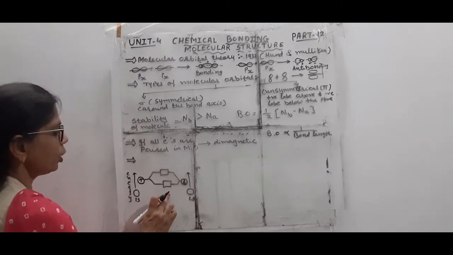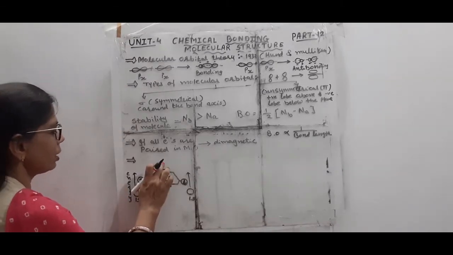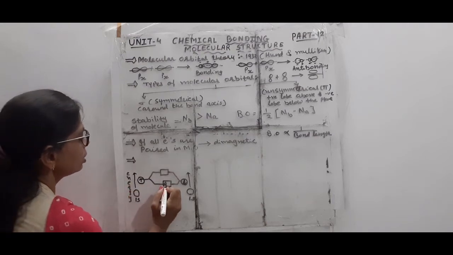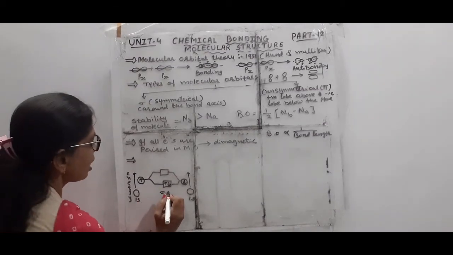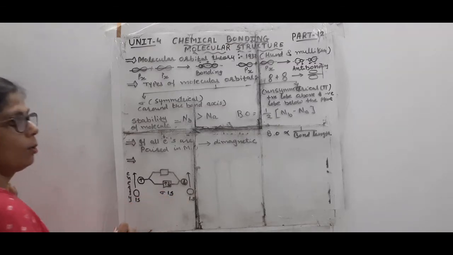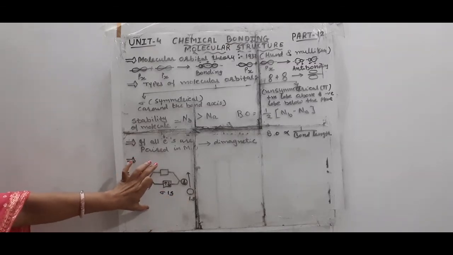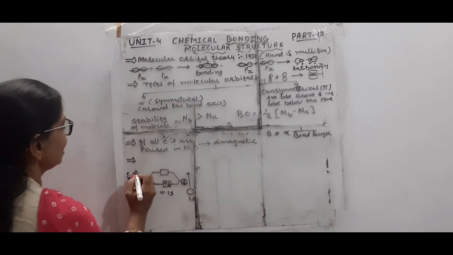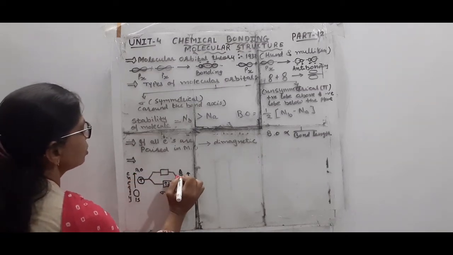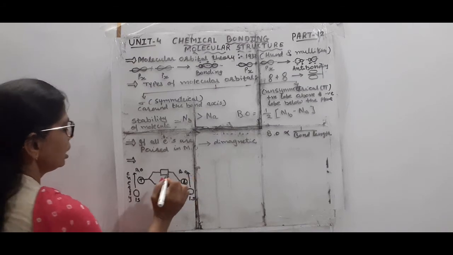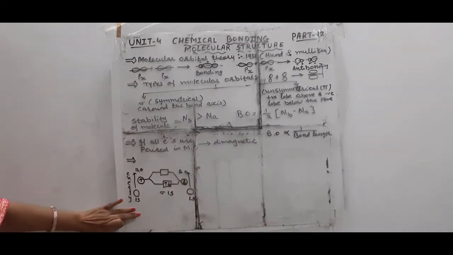So this is your bonding and this is your antibonding. So this electron first enters here and then this electron enters here, and this is known as sigma 1s. This is your molecular orbital which is known as sigma 1s, and this is your atomic orbital. This is also your atomic orbital. This we have drawn for 1s.